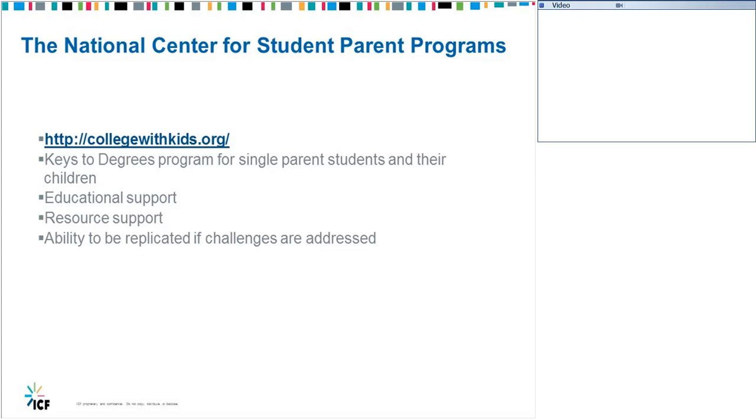They provide educational support for college and integrating in high quality early education programs. They use on-campus affordable housing with fellow student parents, academic support services, and postgraduate transition help. There's a lot of resources on their website about these programs. So I would encourage you to go to College with Kids if you're serving youth that have children that are in university or community college programs.